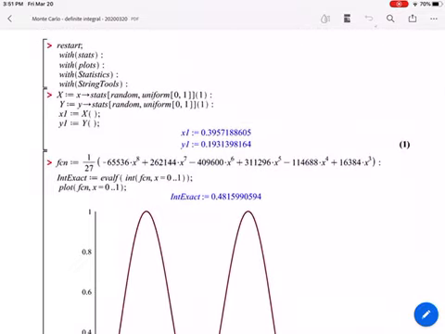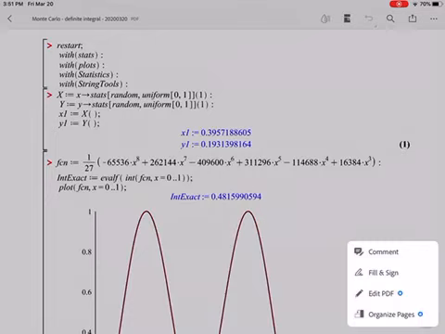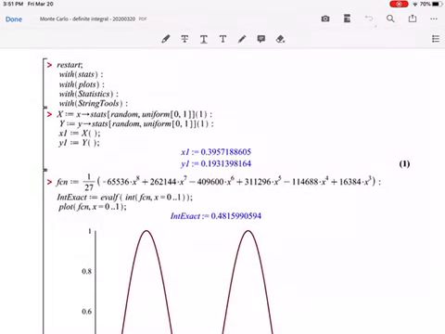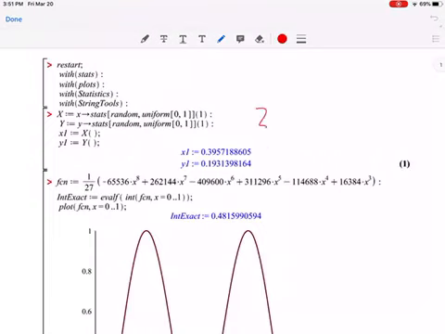So here is the same thing where we generate random numbers from 0 to 1 for x and y. So those are our raindrops.